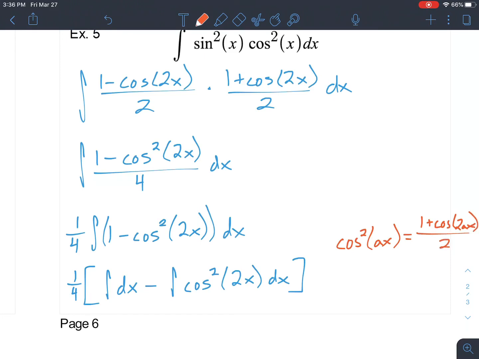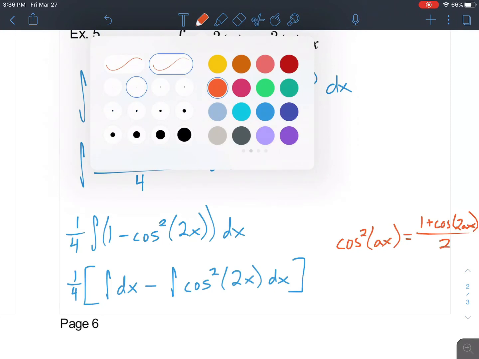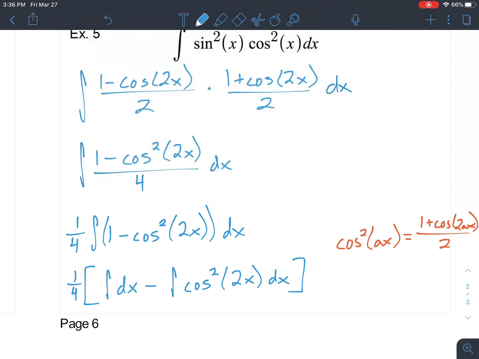So we just have to be aware of that when we make our substitution. So now down here it's going to be still 1/4. I'm going to hold off on integrating that first integral for now. We're going to substitute. This becomes 1 plus cosine of, since it's an a value of 2, it is going to be 4x all over 2.